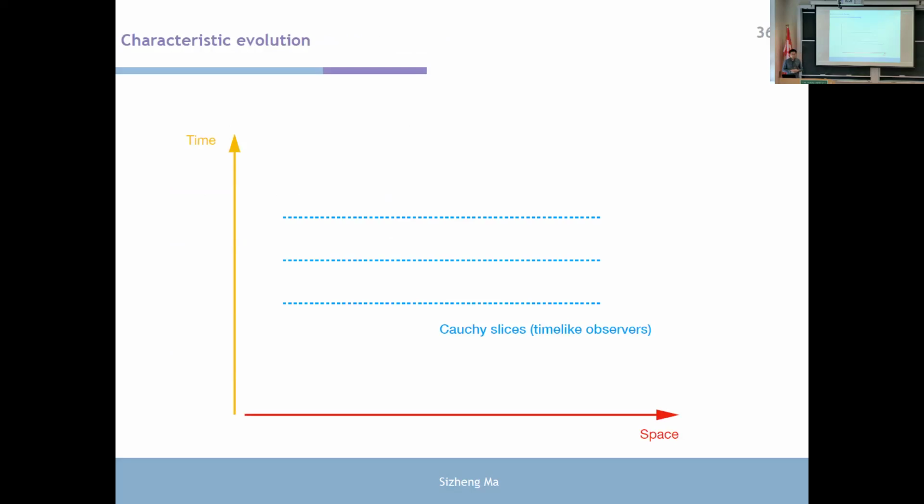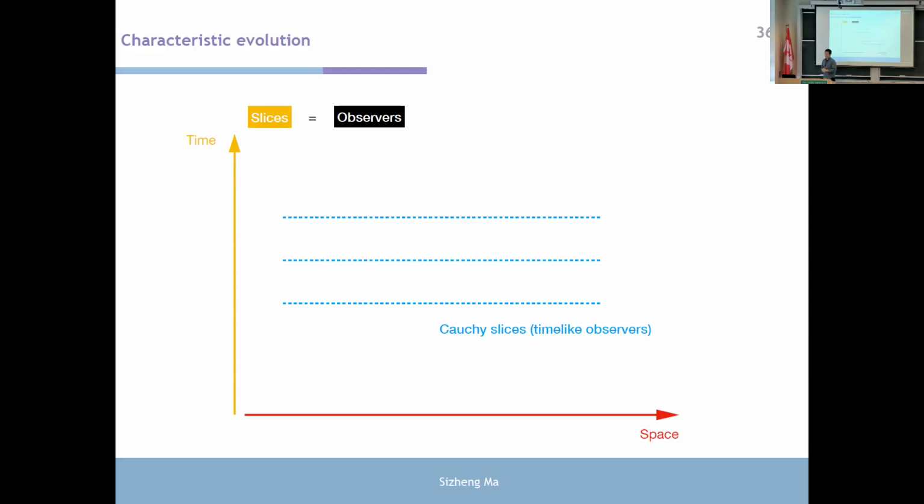The basic idea of the characteristic evolution is to adopt different slices for evolving Einstein field equations. Slices mean observers. Those Cauchy slices correspond to time-like observers who sit at different spatial locations, and they are synchronized by those space-like hypersurfaces.